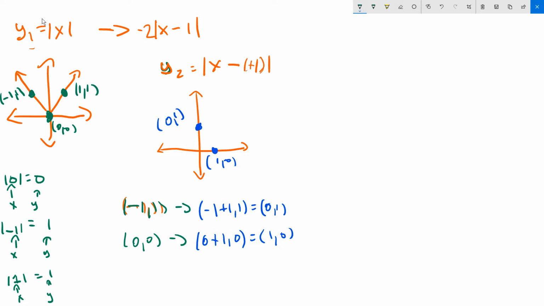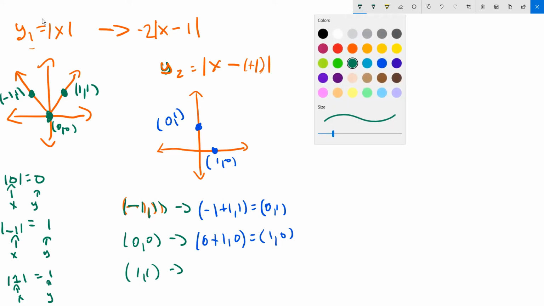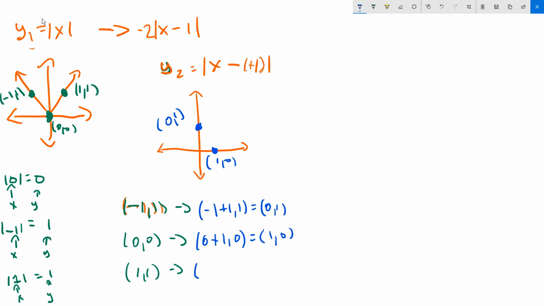This is done on a point-by-point basis. Usually 3 points will do the job. So 1, 1, and I transform that by making this 1 plus 1. I'm adding 1 to the x, but I'm just copying the y. I simplify. 1 plus 1 is 2. And then I copy the 1. So I end up with 2, 1, and I mark that about over here. So that's 2, 1. Now this is the curve at this stage.